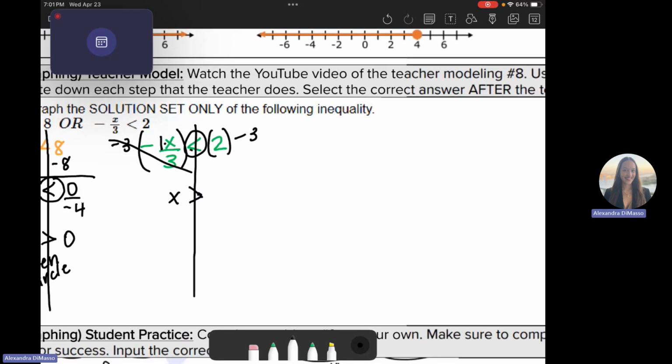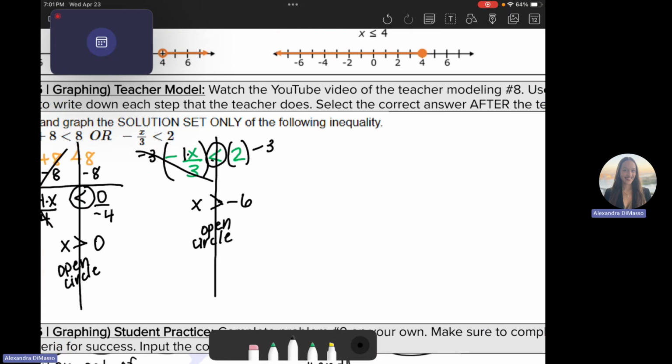Now, when I go to actually graph this on a number line, I now have 2 different pieces. I like to do them separately and then combine them together for my final answer at the end, because I think it's just a little bit easier to do it that way. This will be negative 6, 4, 5, and this is positive 6.